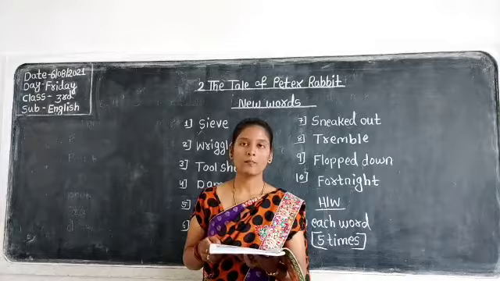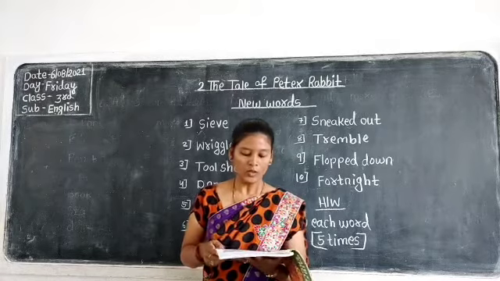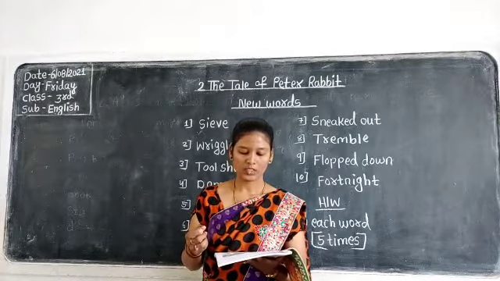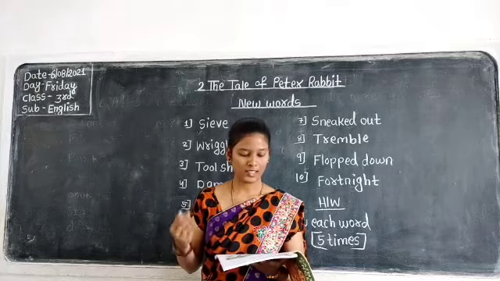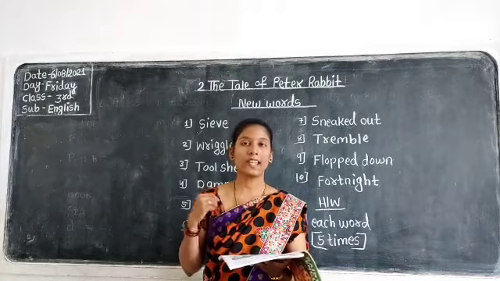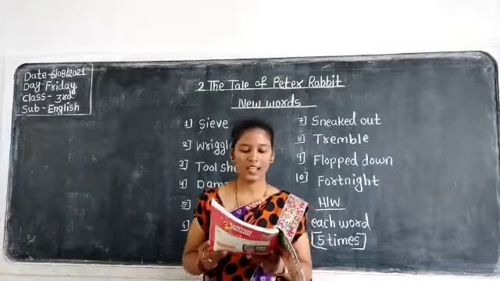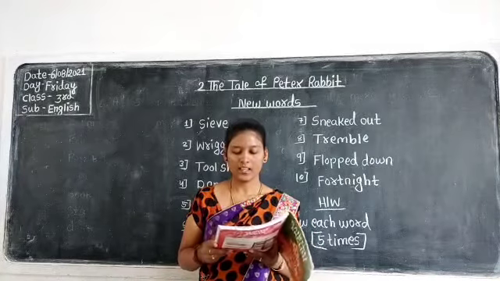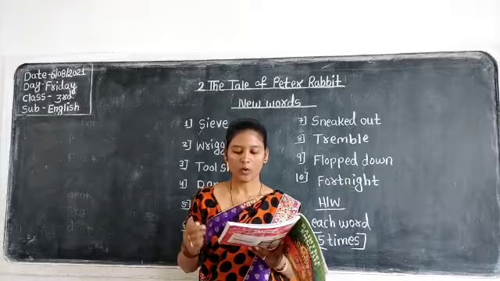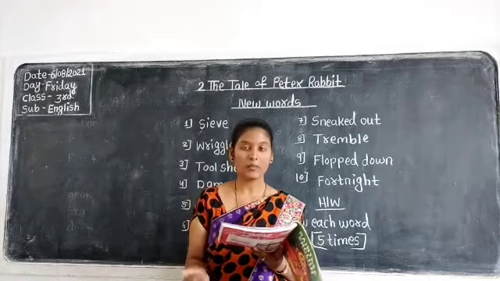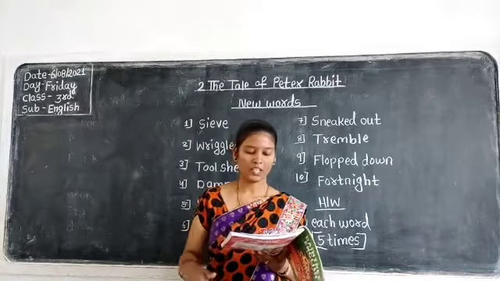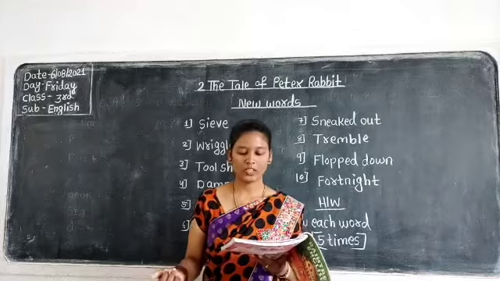Then Mr. McGregor was quite sure that Peter was somewhere there, so he looked carefully all around. Suddenly Peter sneezed. Mr. McGregor was after him immediately. So Peter jumped out of the window.